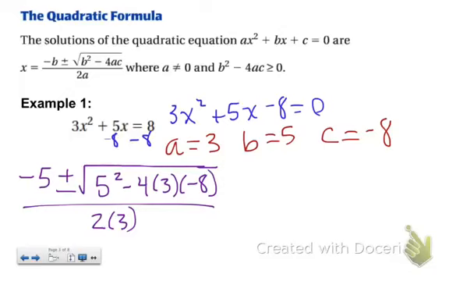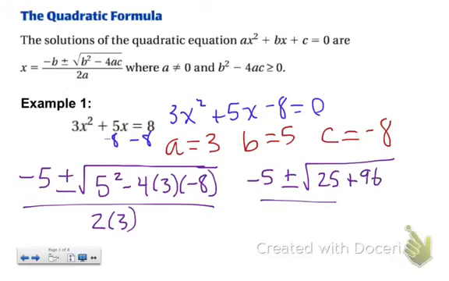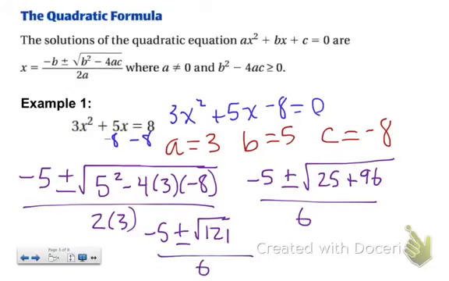So now I'm just sort of doing the math. 5 squared is 25 minus 4 times 3 times negative 8 is going to become negative 5 plus or minus the square root of 25 plus 96 all over 6. Well, 25 plus 96, that becomes 121. So we get negative 5 plus or minus the square root of 121 over 6.